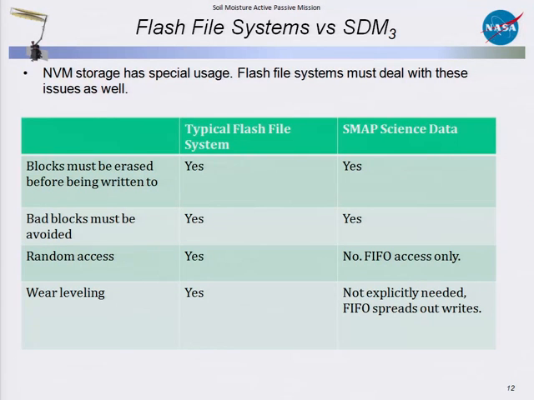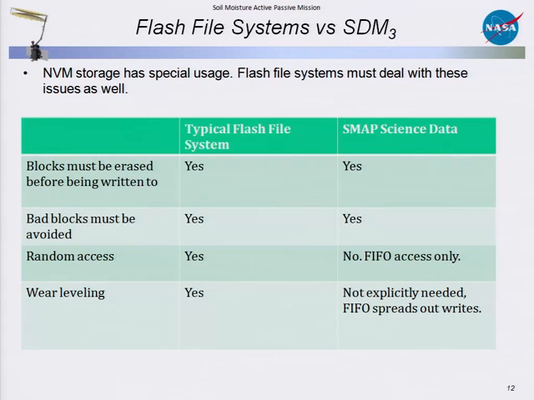In terms of wear leveling, this is definitely an issue for a typical file system, but for us, it's not so much an issue. In a file system, when you're writing to NVM, typically you have a certain number of write cycles, a certain number of burns you get, and after that, good luck. So the typical approach for a file system is this: let's say there's one file that you access quite a bit and that changes quite often. If you left the file in the same block, you'd be write, erase, read, cycling that one particular block over and over again, and that block would get worn out faster than everything else.